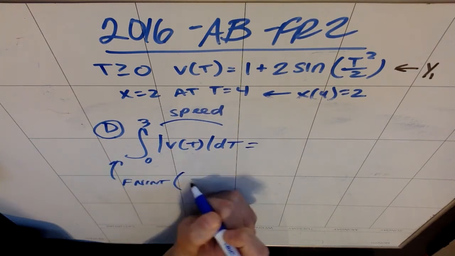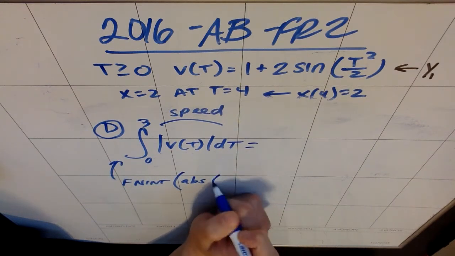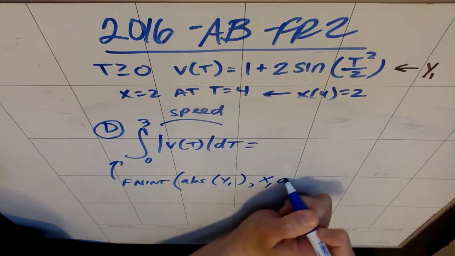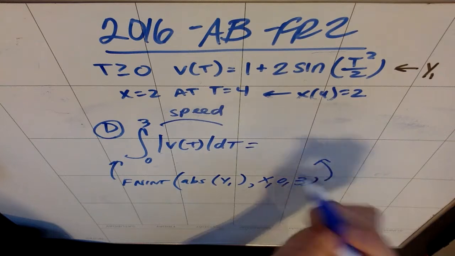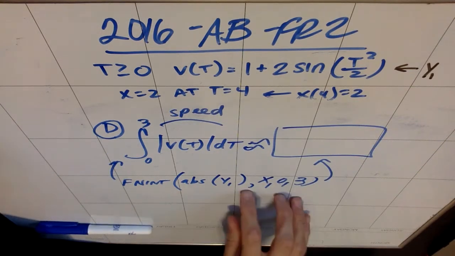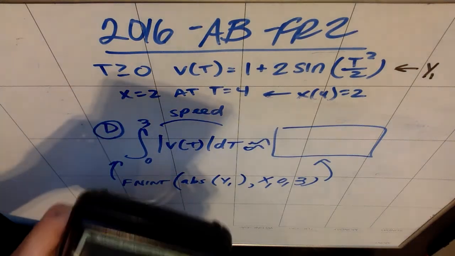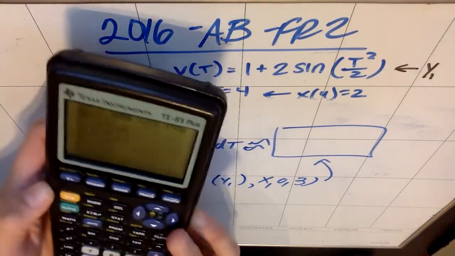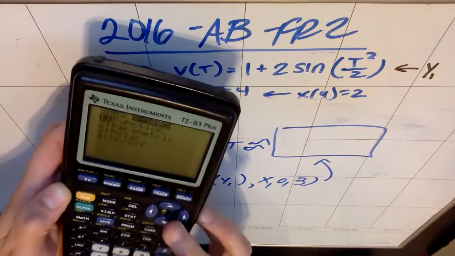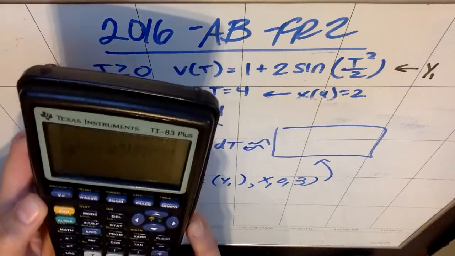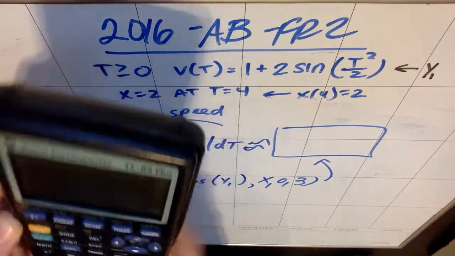And then they don't care, but this is what it looks like in your calculator. Function integrate. You're going to go to math over to number and pick absolute value, which is abs, of your y1 with respect to x from 0 to 3. And then you're going to get an answer that you give the AP, right? So again, they don't care about this notation, but you need to know how to do it. So I'm going to hit math 9, go to math over to number and pick abs, vars, y1, close that out with respect to x from 0 to 3.